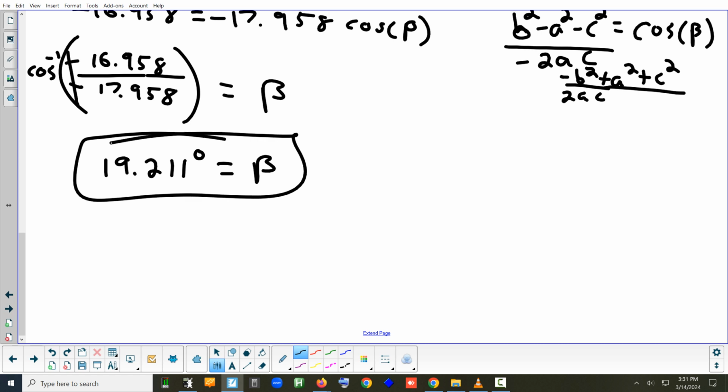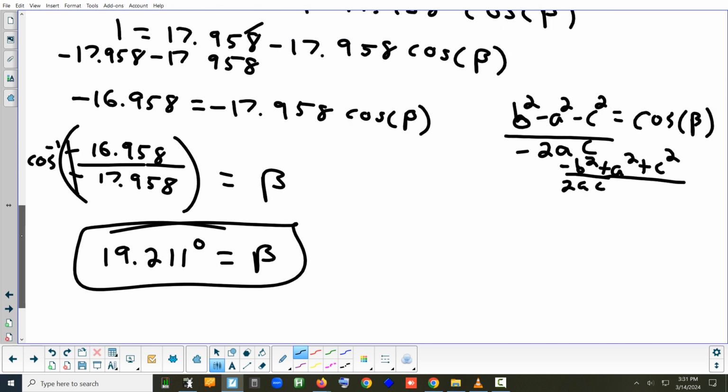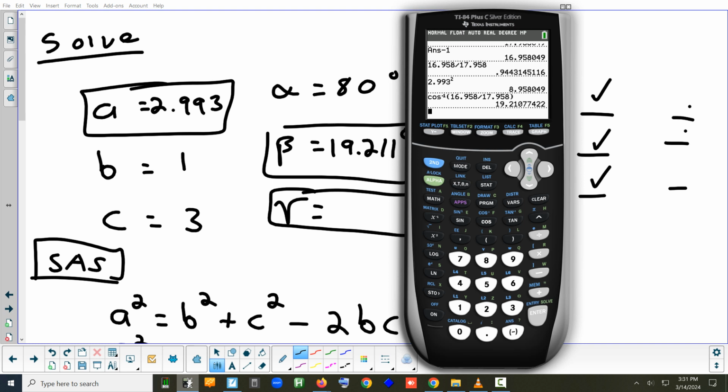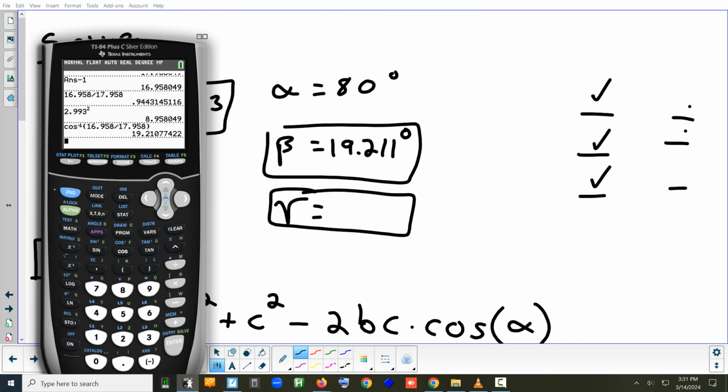Okay, now that we've got beta, the third angle is easy because we can just add up and subtract from 180. Yes. Okay, so let's add those together. So we got 80 plus 19.211, and then subtract that from 180.